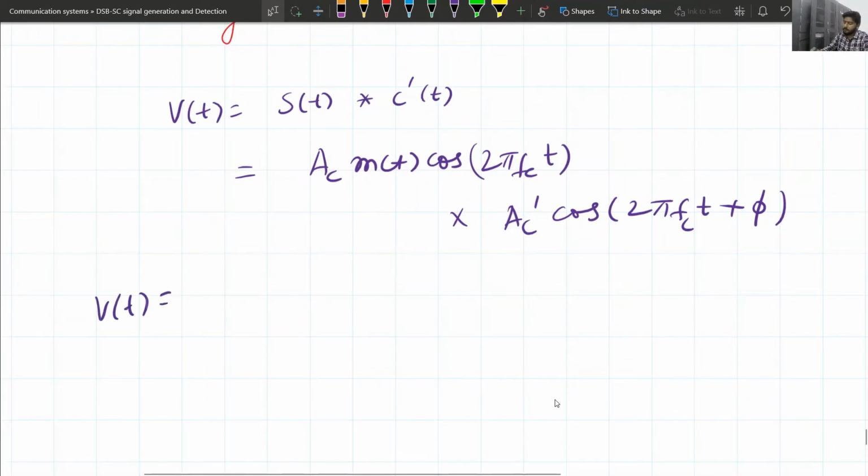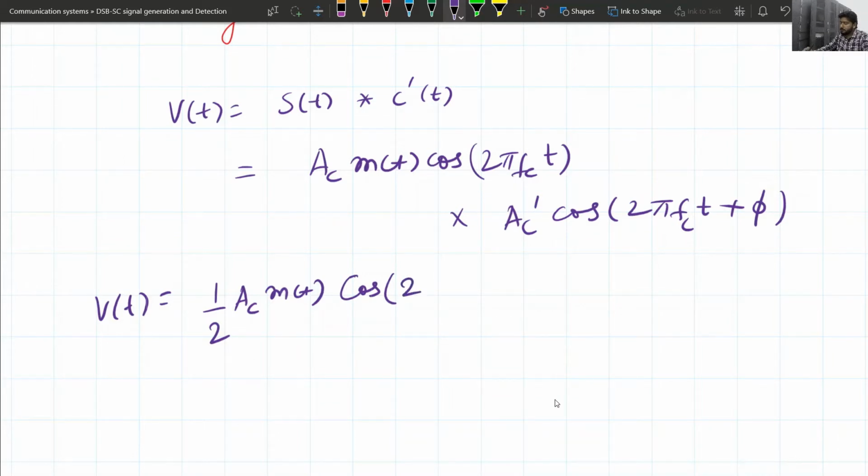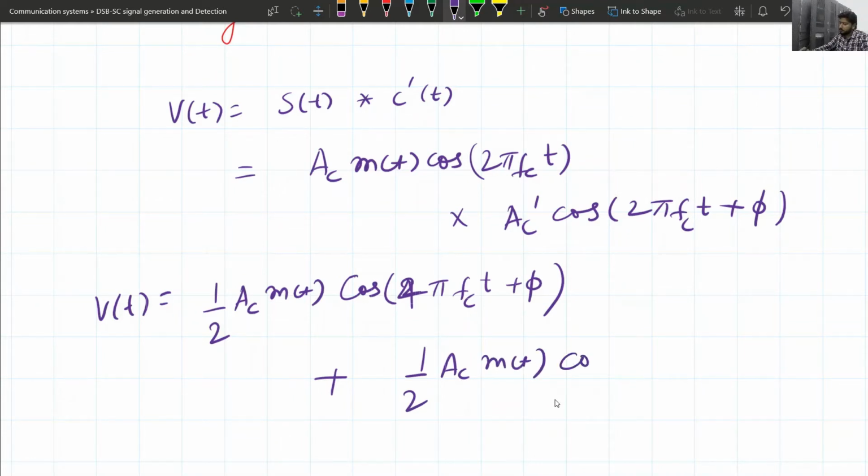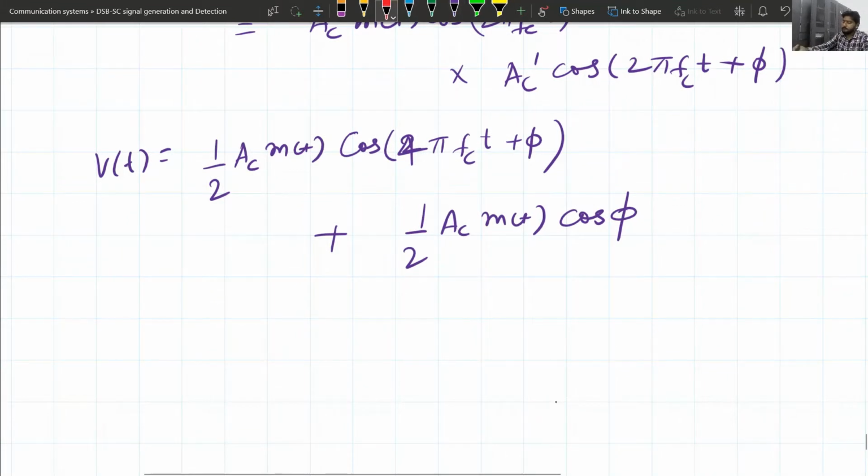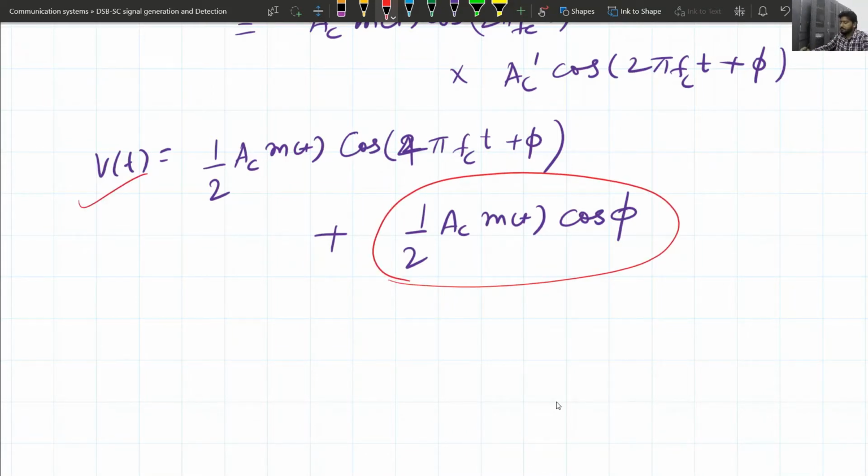So v(t) can be written as half Ac Ac dash m(t) cos 4 pi fc t plus phi, plus half Ac Ac dash m(t) cos phi, right? This second term is the component of v(t) which contains the message signal.